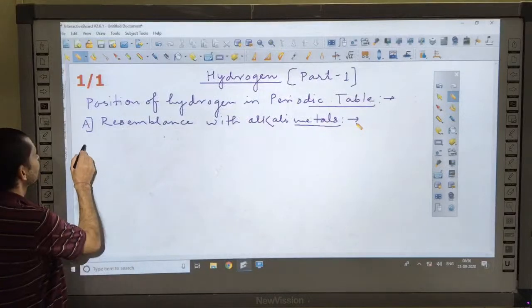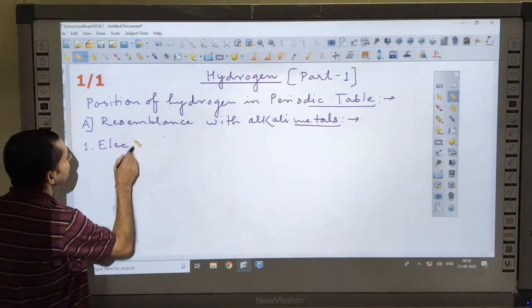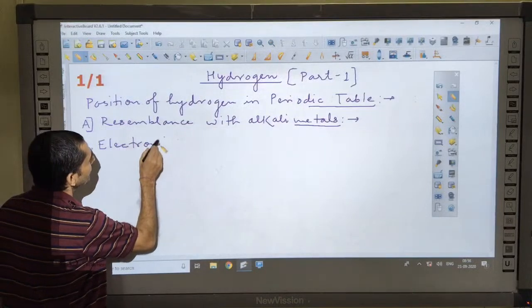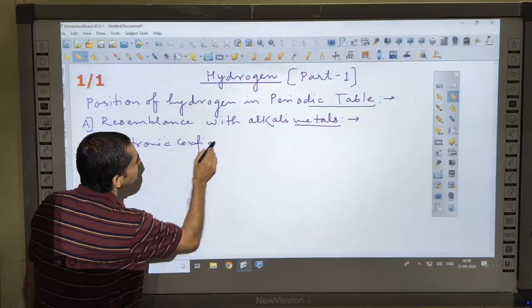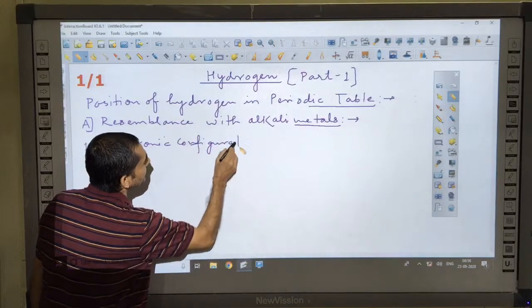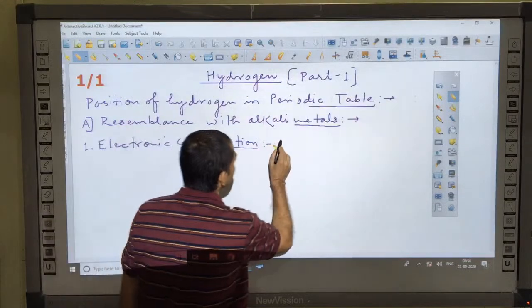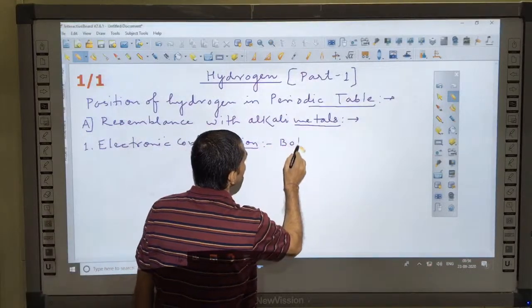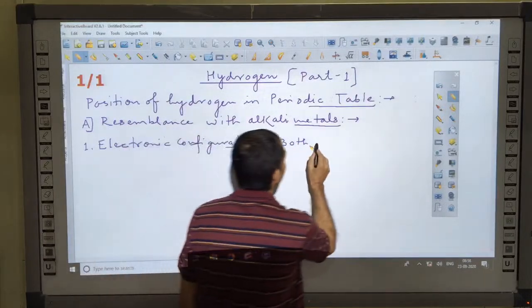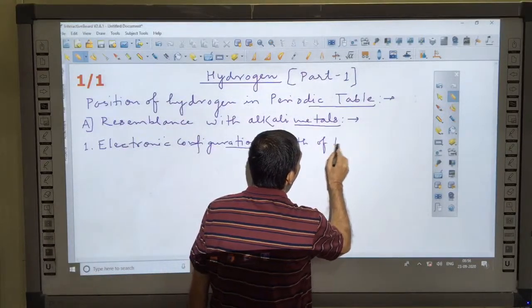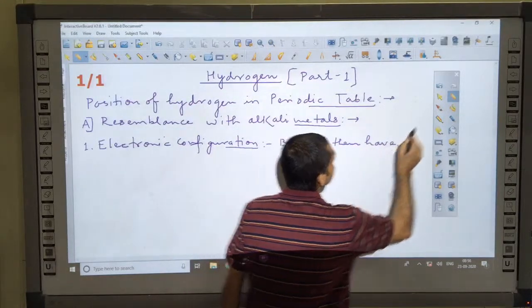Number first, electronic configuration. Both of them, hydrogen as well as alkali metals, have one electron.